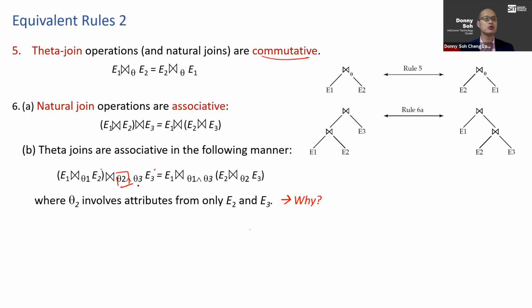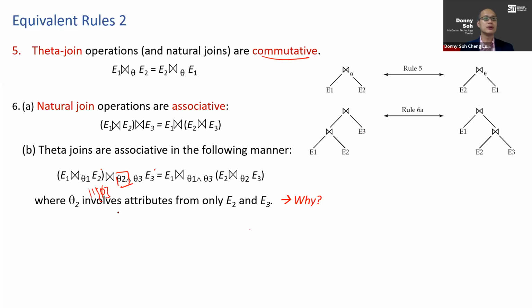I'm able to pull out this theta 3 condition to the outside. E2, the theta 2 has only attributes from E2 and E3, and so theta 2 is unable to move out, because if I move this out, then this will be an empty null set.